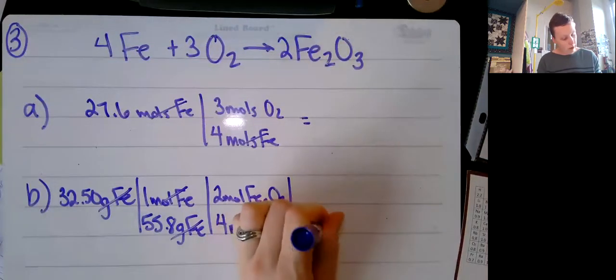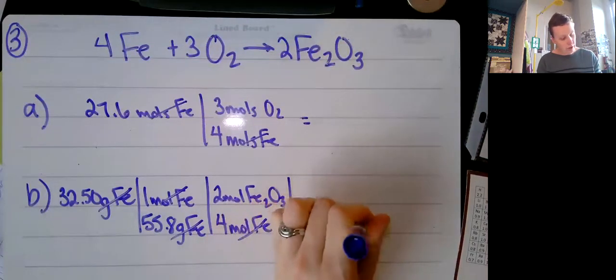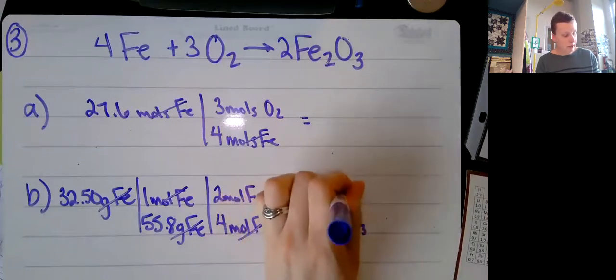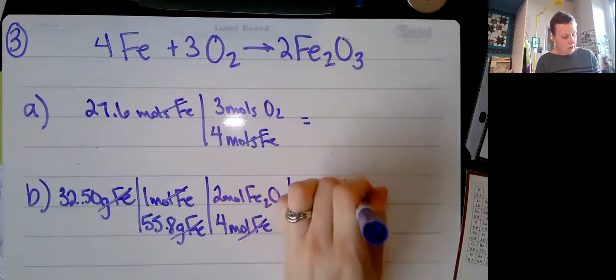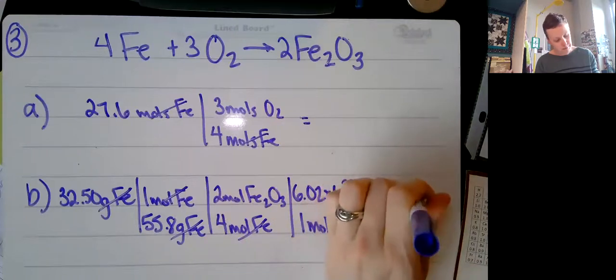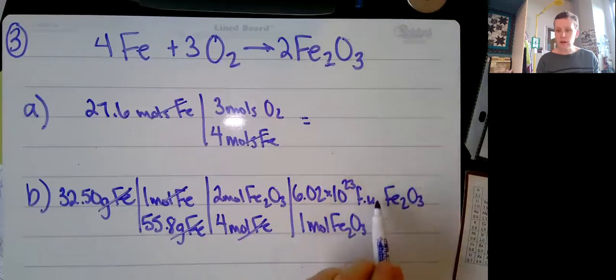So 1 mole of Fe2O3 is 6.02 times 10 to the 23rd formula units. And that is the unit for the particles here because this is an ionic compound. That would be molecules if we were talking about a covalent compound. It would be atoms if we were talking about an element like a metal or a monatomic gas.